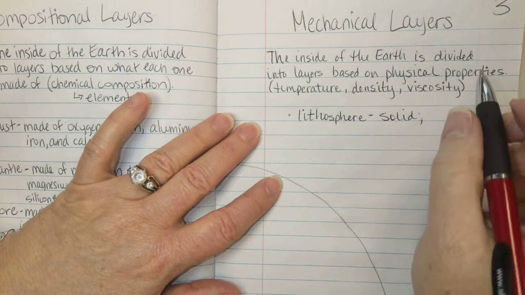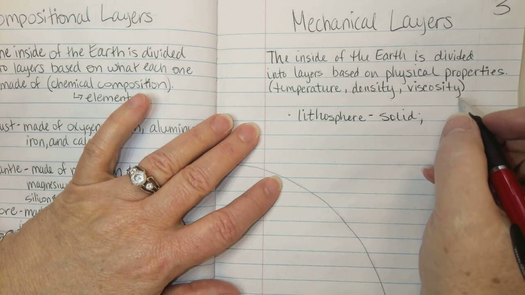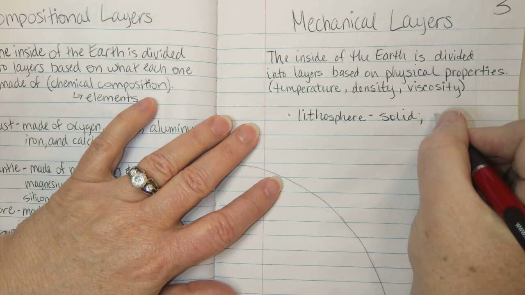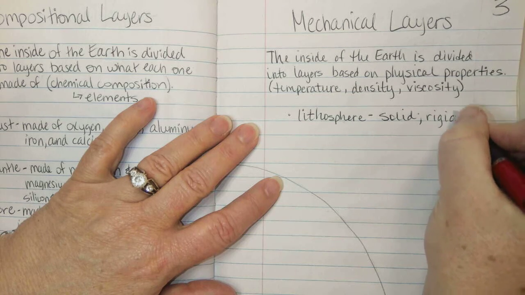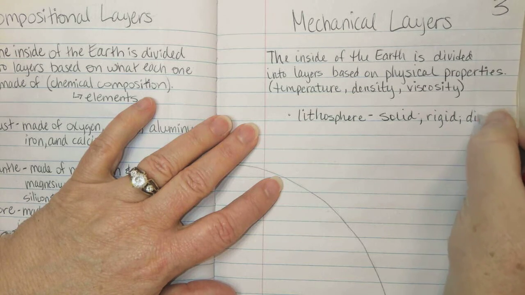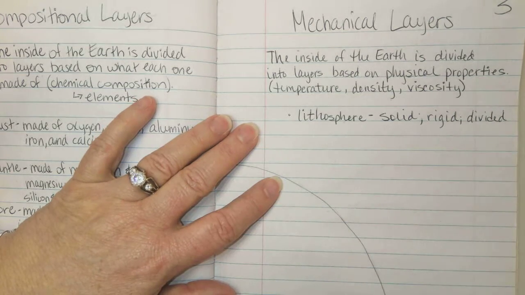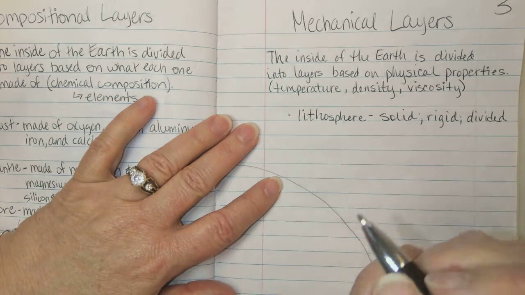The lithosphere includes the crust and the uppermost portion of the mantle. It's solid, it's rigid, and it's divided into tectonic plates.